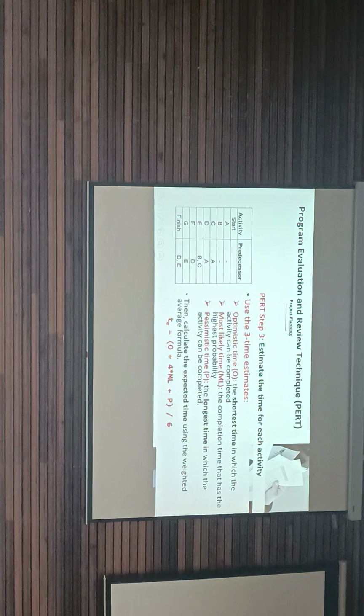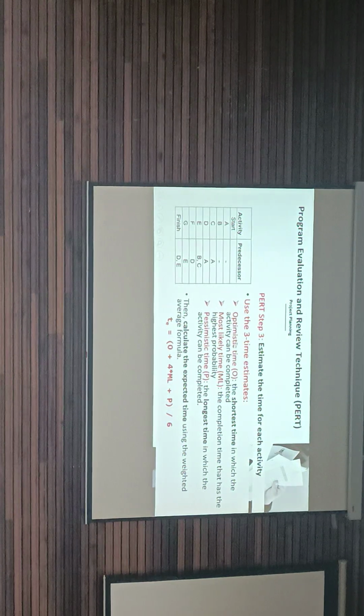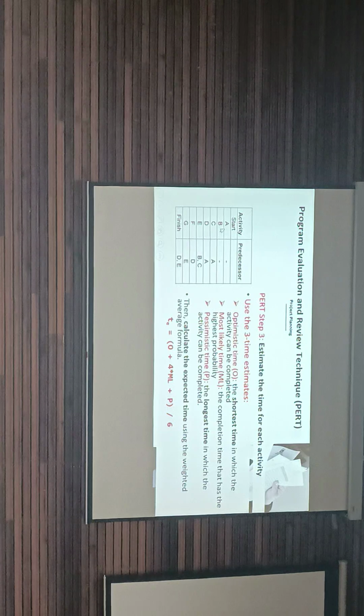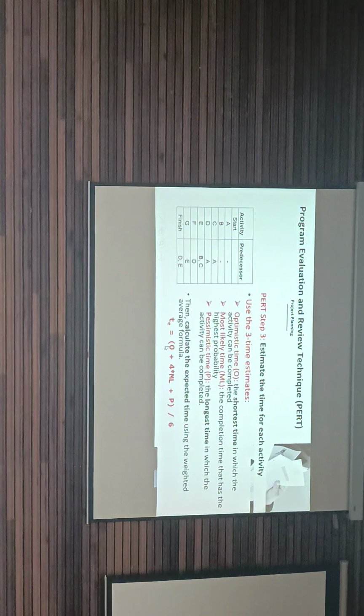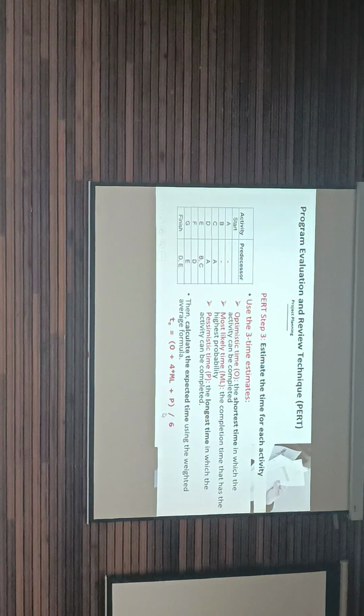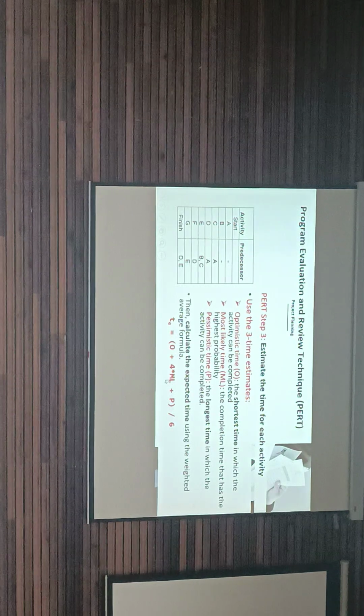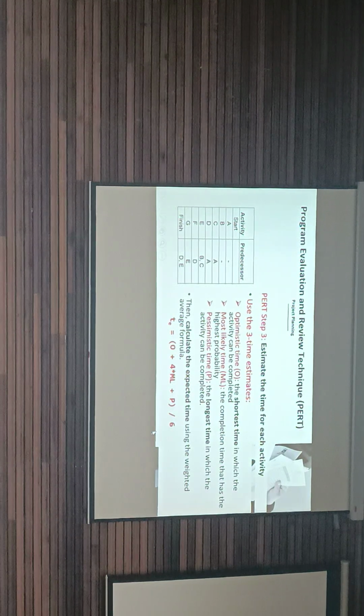Okay, after you have entered, for each task, you have keyed in 3 estimates. Then you can use this formula to determine what will be the better estimate. So the formula is expected time is optimistic plus 4 ML plus pessimistic divided by 6. Okay, so 1, 2, 4 is 6 divided by 6 to get the average.